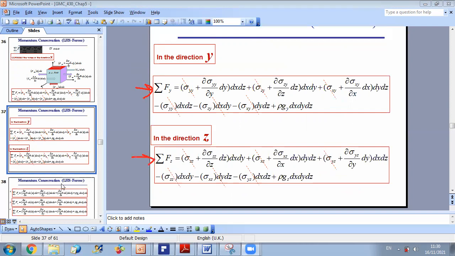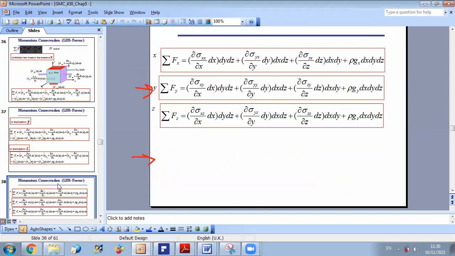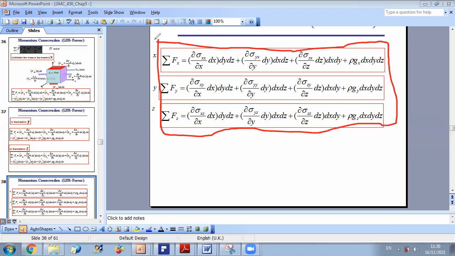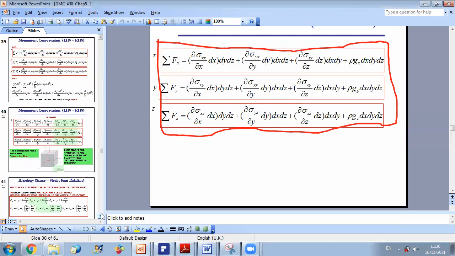And now if you replace back in your relations, you will get the expressions of sum of fx, sum of fy, and sum of fz. Okay, so these are the final relations for sum of fx, sum of fy, and sum of fz. So now all we have to do is to replace into the equation.